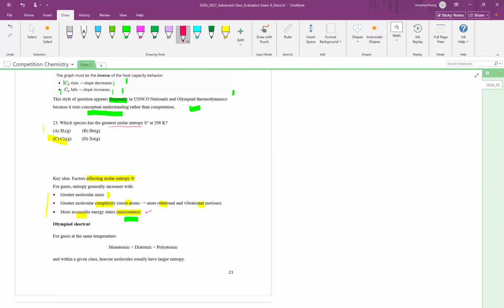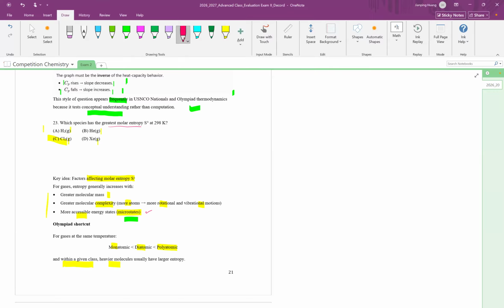For a question like this, you are going to look at the polyatomic, which should be higher than the monatomic. Then within the same class, you look at what? Normally the larger, heavier one has a larger entropy. I found the data sheet.